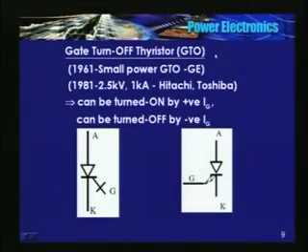A small power GTO was developed by GE, General Electric, in 1961. And in 1981, a 2.5 kV 1 kiloampere GTO was developed by Hitachi and Toshiba.